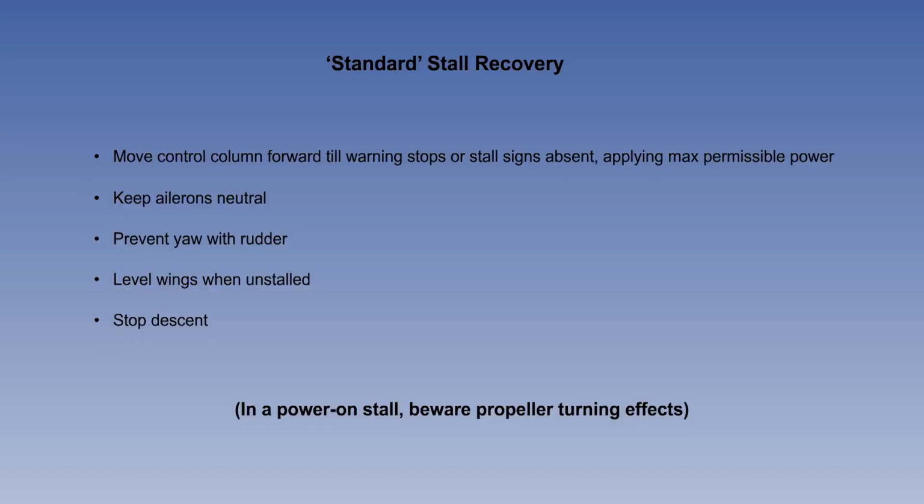A power on stall and recovery pose extra complications. At the nose high attitude associated with a power on stall, there will be appreciable turning effects from the propeller. These will be discussed in the lessons on propellers.